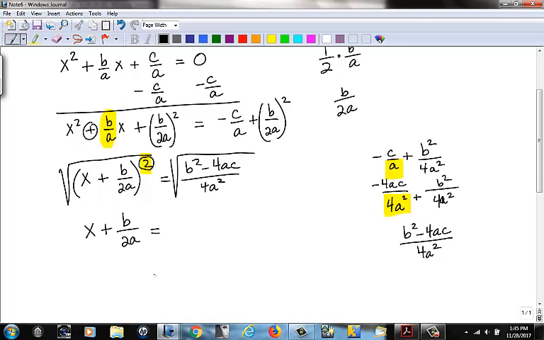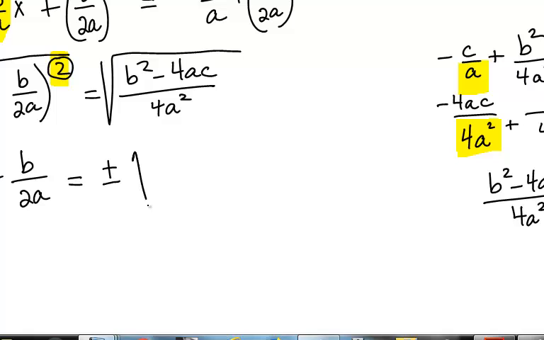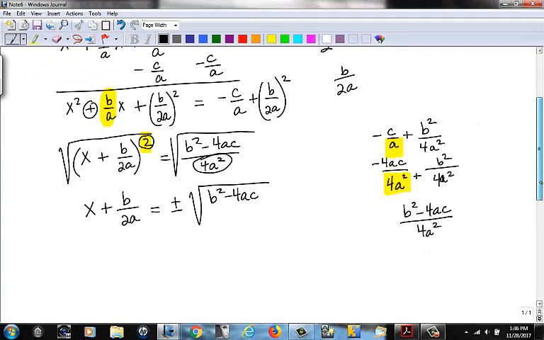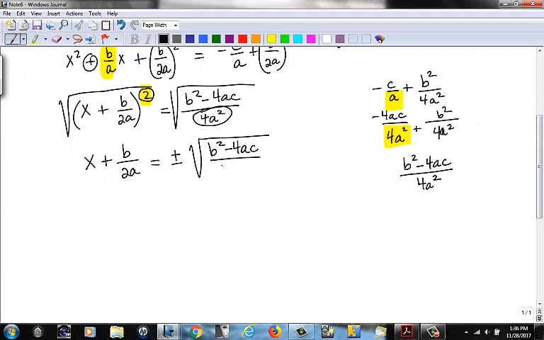When you take the square root, you're considering positive or negative. You cannot take anything out around a plus or minus sign. So the top part's just going to stay b squared minus 4ac. But what can I take out of this? 2a, right? I'm going to take that out on the next line.